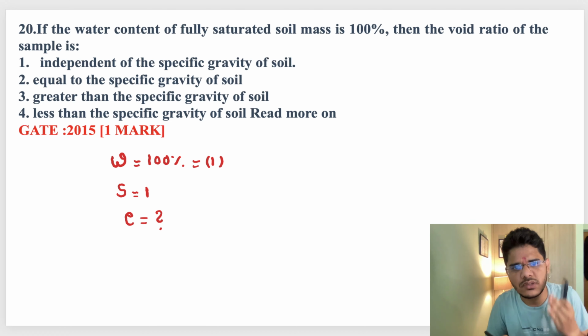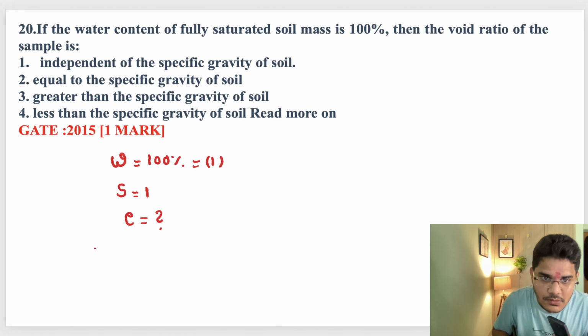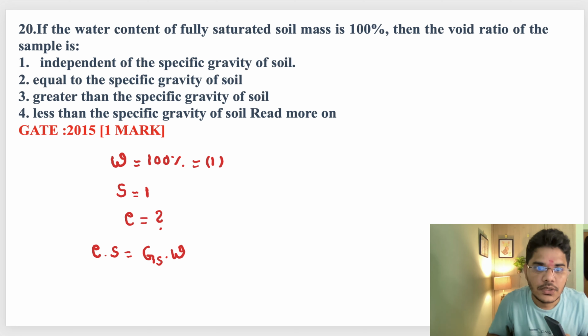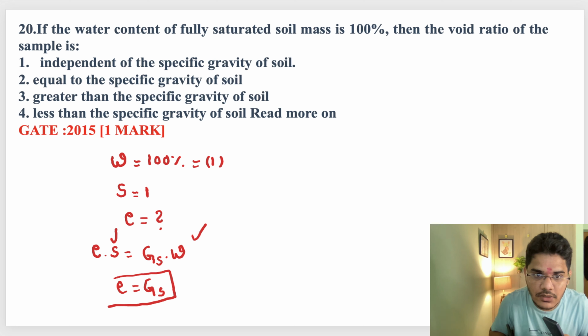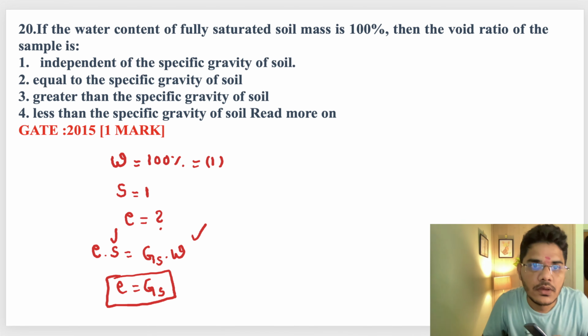This is also based on the same formula only: e into S is equal to Gs into w. Here S is equal to 1 and w is equal to 1, then e will be equal to Gs. So void ratio will be equal to the specific gravity. Independent of specific gravity, this is wrong. Equal to specific gravity, this is right.